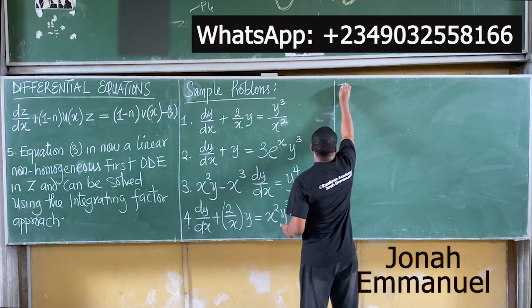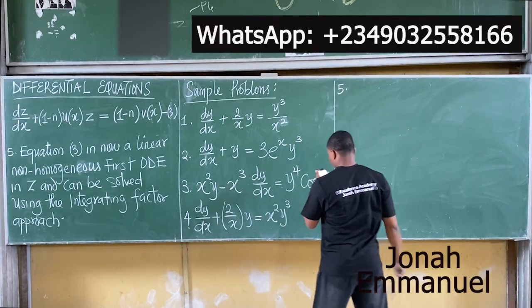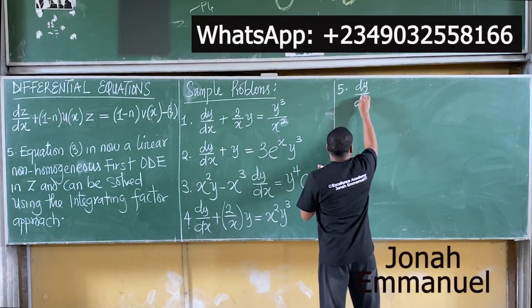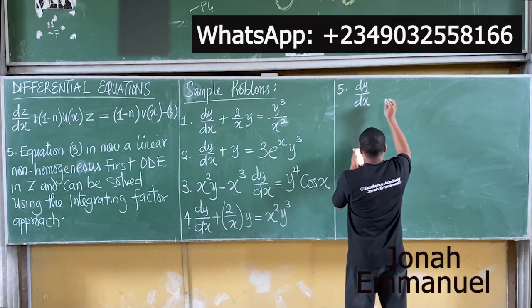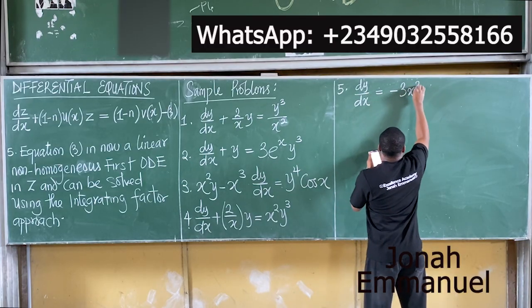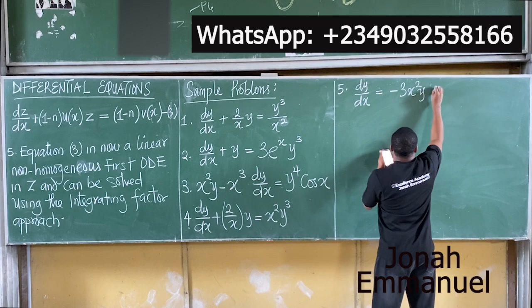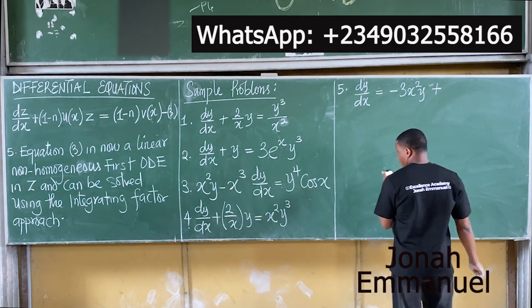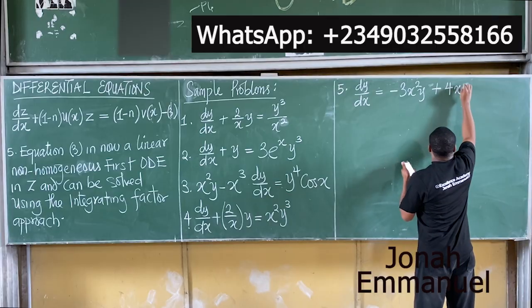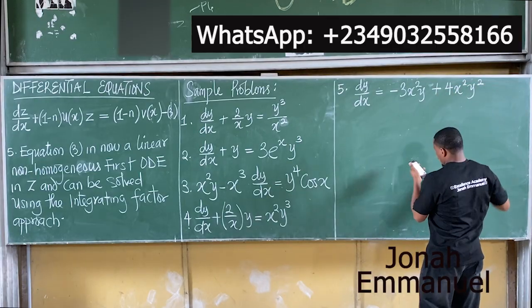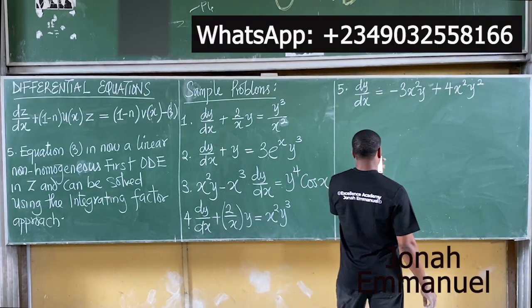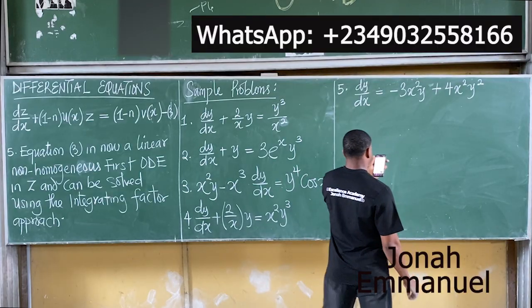Number 5, we have dy/dx equal to minus 3 x squared y plus 4 x squared y squared.